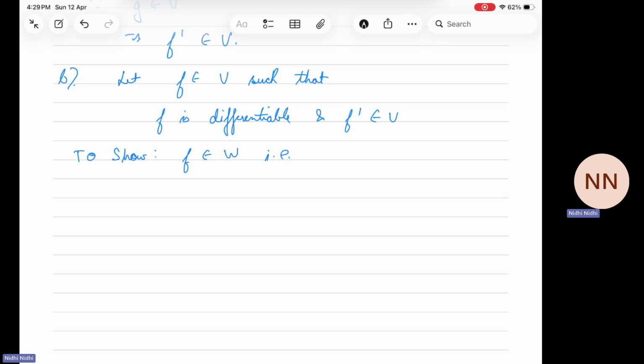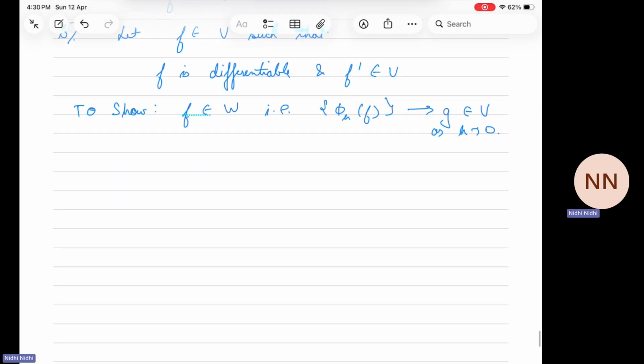That means the sequence phi h f converges to some g in V as h goes to 0. Now since f is differentiable, clearly there will exist some g in V such that f dash x is equal to g x.